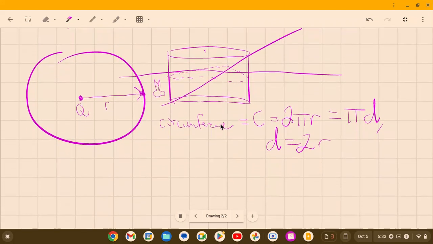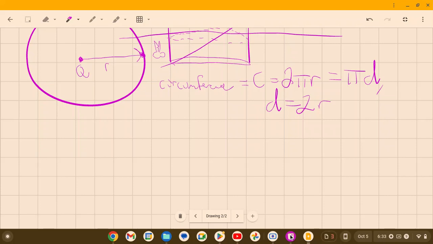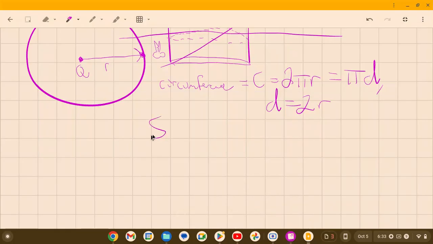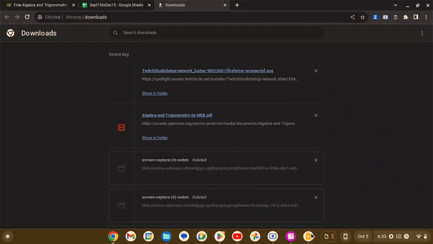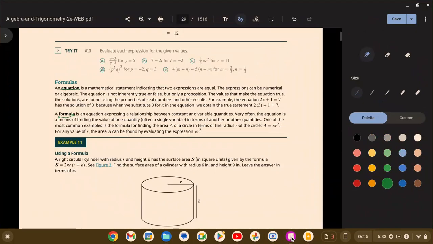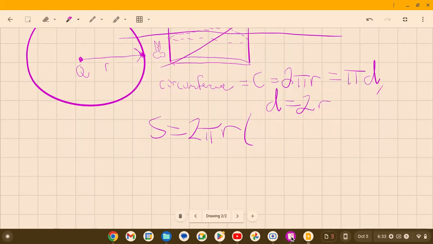So let's see what their equation is. Let's see if I can see the similarity. So S equals 2 pi r, and then in parentheses, r plus h.